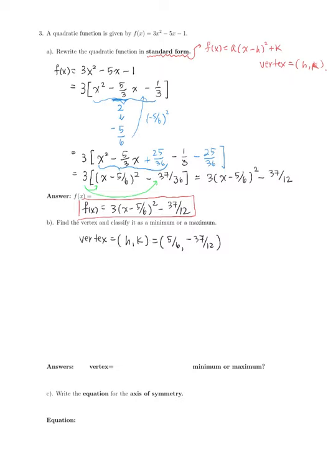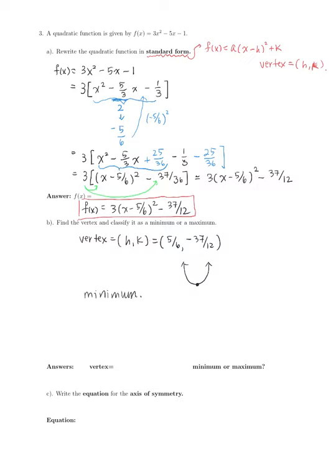Now, classify it as a minimum or maximum. Notice that for our f of x, the leading coefficient is positive 3. So that means the parabola is opening upward. So that means the vertex has to be at its minimum. I'm going to say it's going to assume a minimum value.